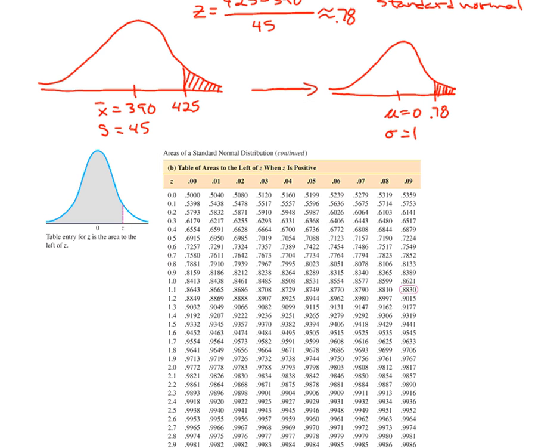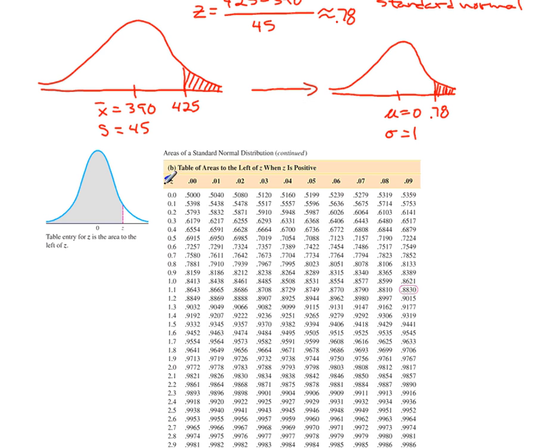If we look at the table of a standard normal curve, the mean is 0. Here's our particular z-score. The purple shaded region represents what percent of the data is below the z-score. In our case, 0.78. We'll look that up as a z-score.